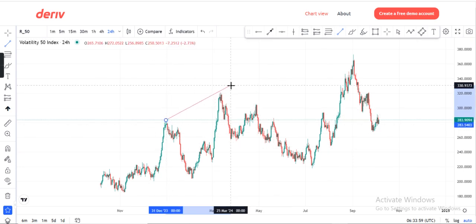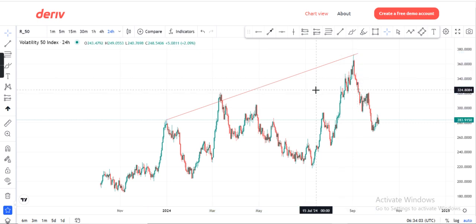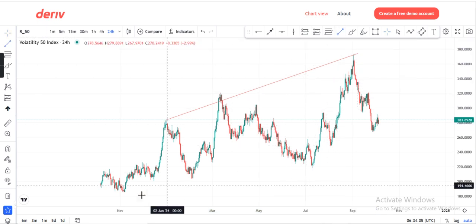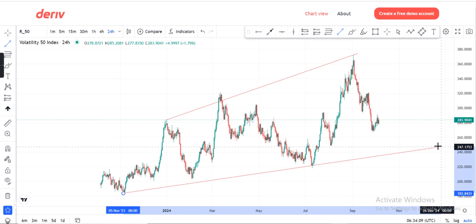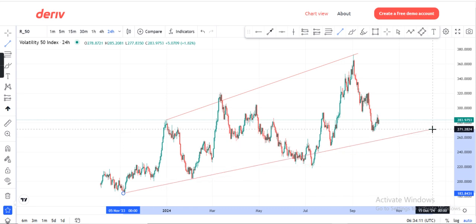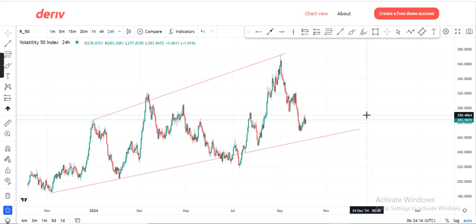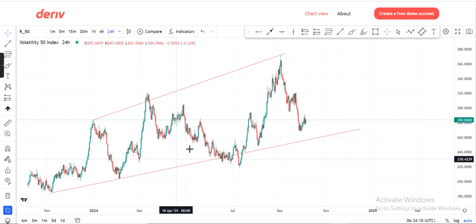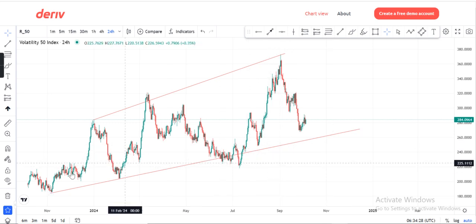So if we connect this high to this point, maybe to this area, we would find out that we've actually been having an uptrending channel. But now, one thing I can add is that we've not had markets tap into any of these zones. If we put our trend line this way, we've not had market tap into any of these zones.